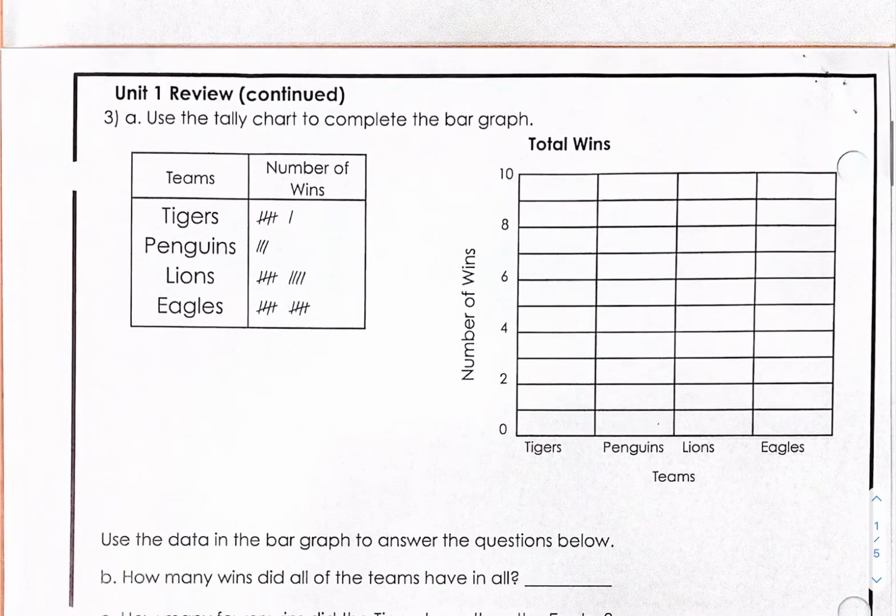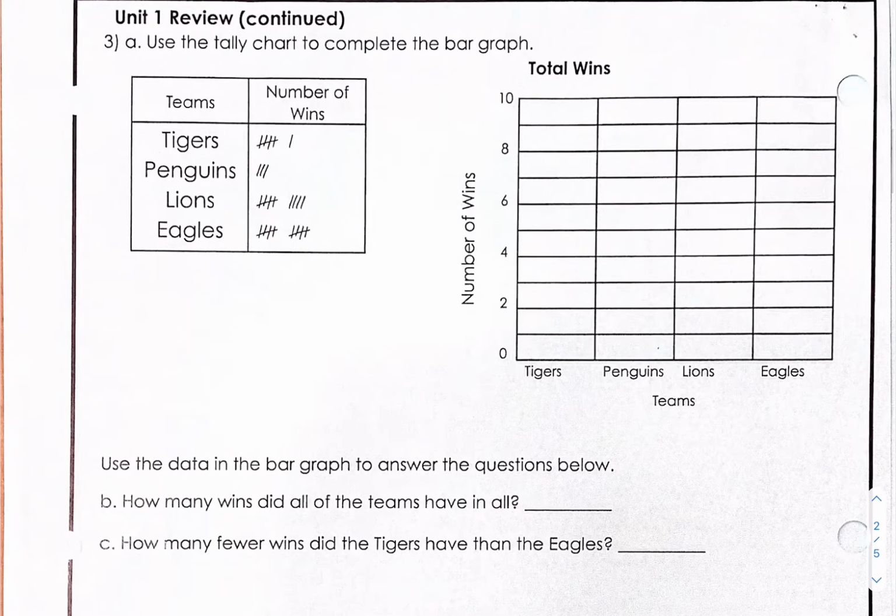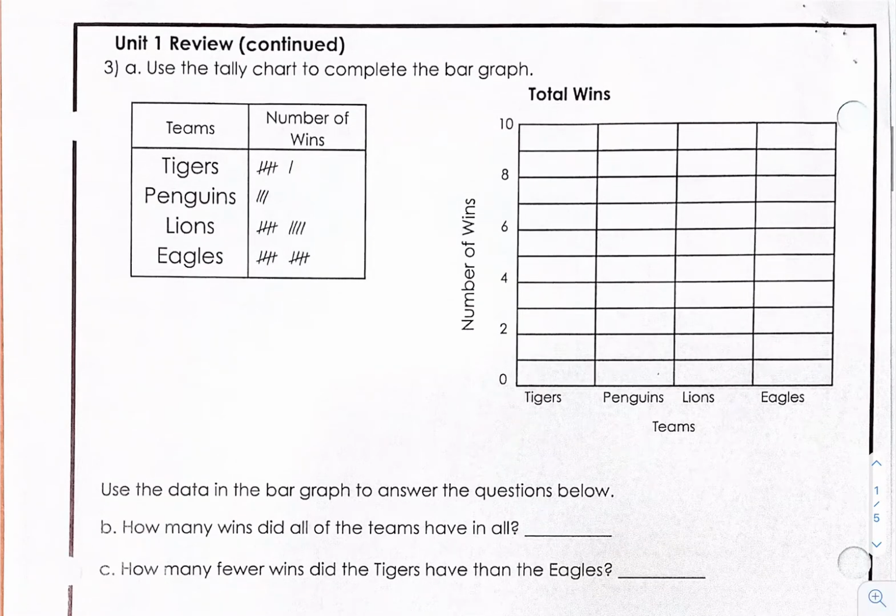Moving on to the back side of the first page, it says use the tally chart to complete the graph. So remember when we made our own graphs. The first thing you're going to do is take this data and fill it in to the chart.